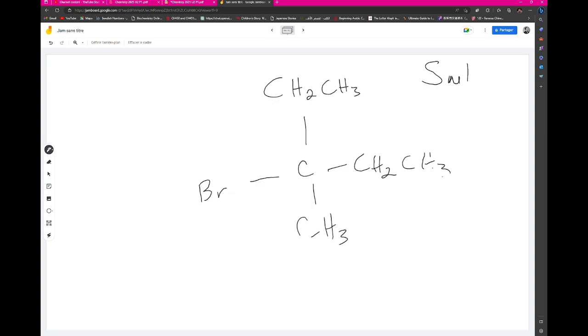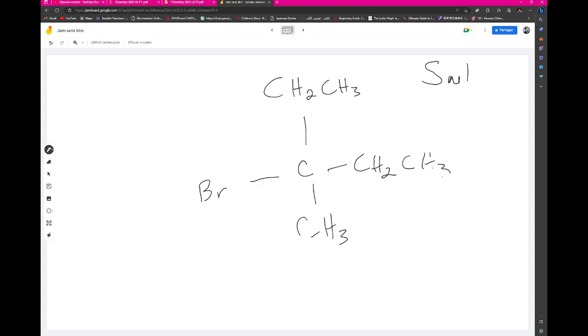So tertiary halogenoalkanes go through SN1, and we have to understand that type of reaction.